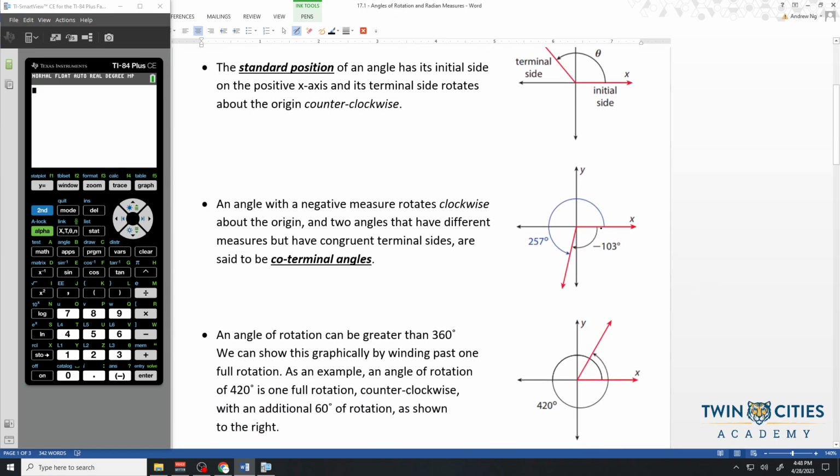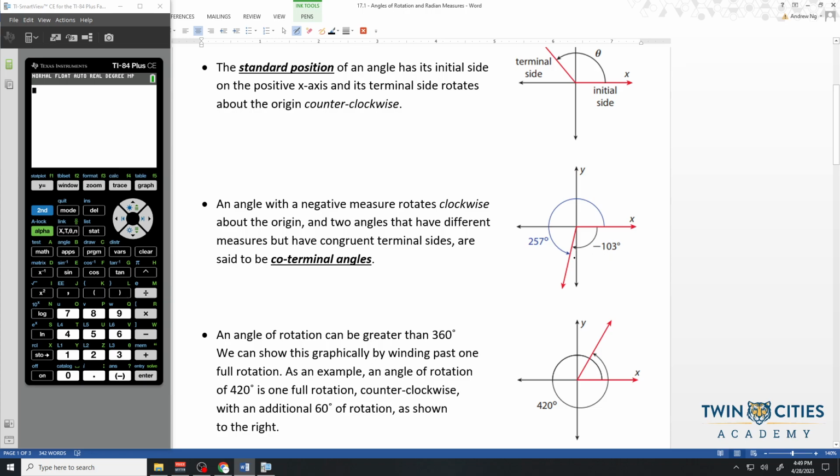Let's say I've got this angle here, 257 degrees. My initial side is the positive x-axis, and I kept rotating around until I got right here. That's 257 degrees. Well, I can get to that same spot by moving clockwise negative 103 degrees.